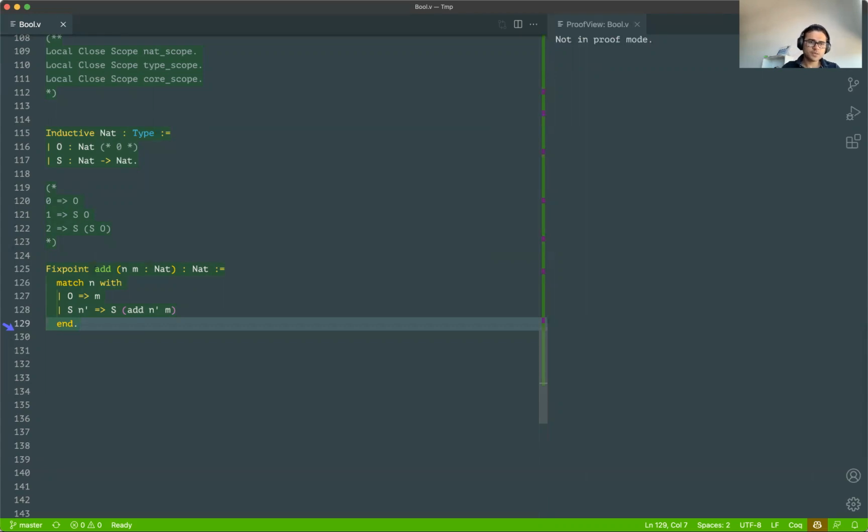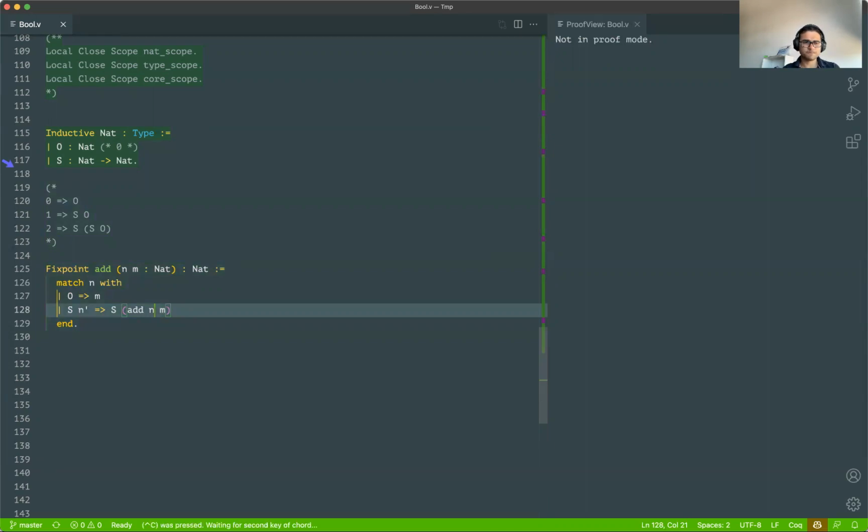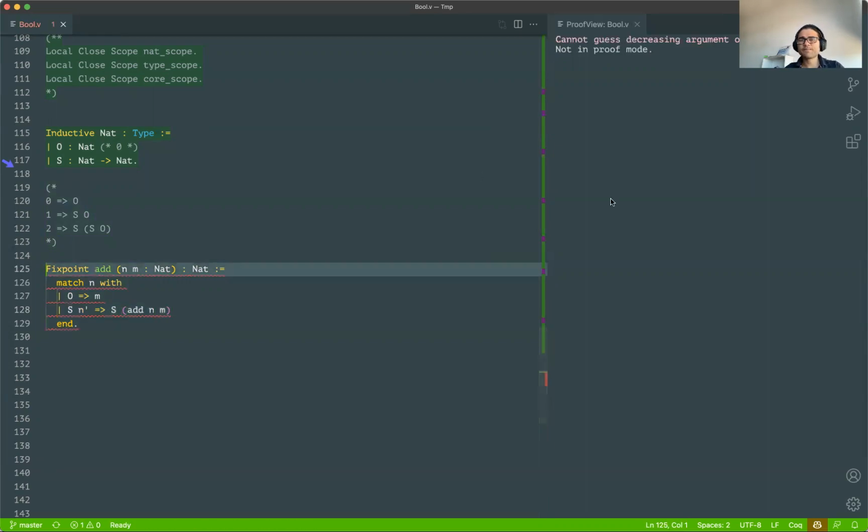So let's do a bit of tinkering here and see what would happen if I just pass the same n. Okay, so now it says cannot guess decreasing argument of fix. Coq is rightly complaining that it cannot guess the decreasing argument. So remember, Coq is not only a functional programming language, but a theorem prover.